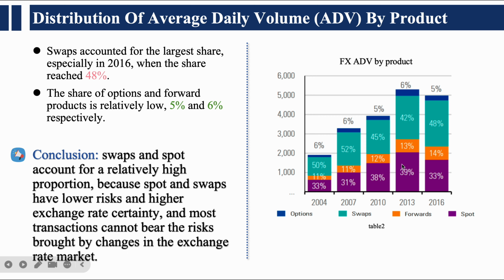Now, focus on the distribution of trading volumes by products. Swaps accounted for the largest share in 2016, reaching 48%. In contrast, the share of options and forward products remained relatively low at 5% and 6% respectively.